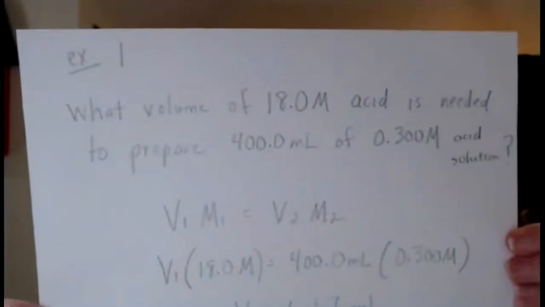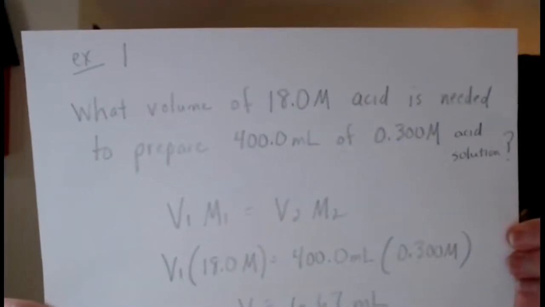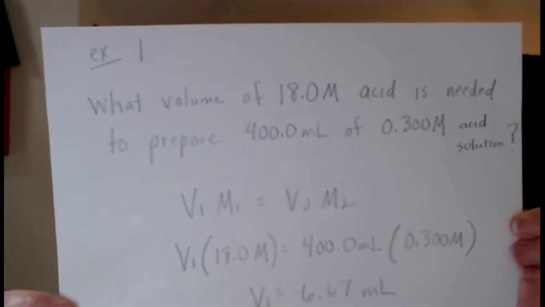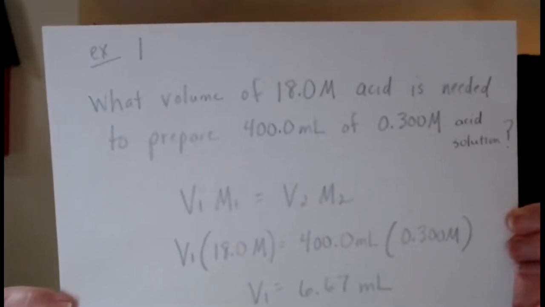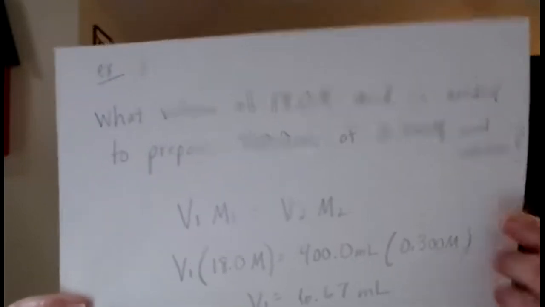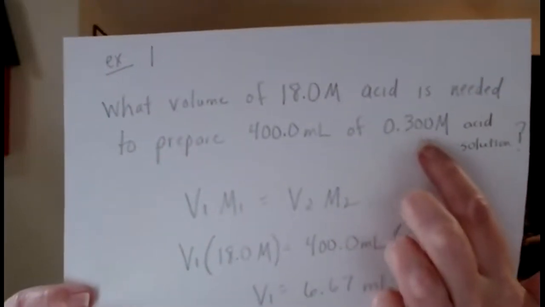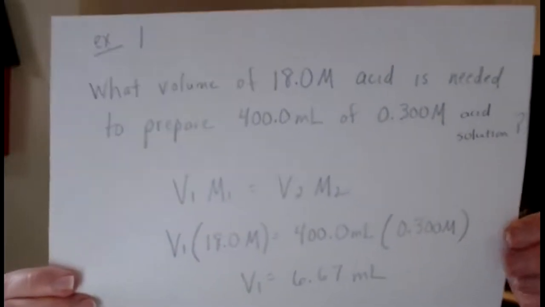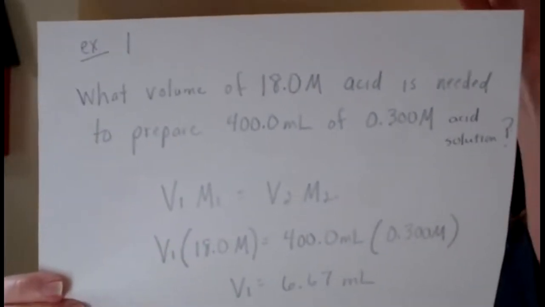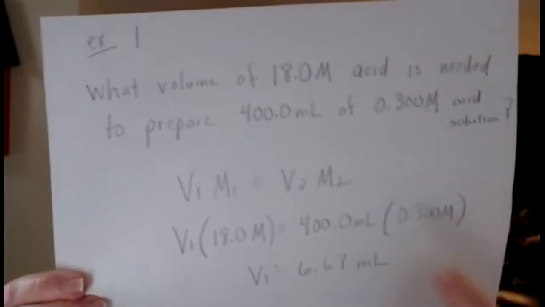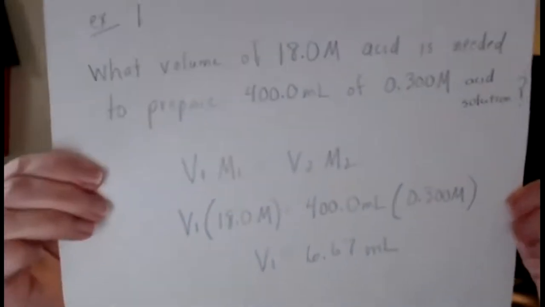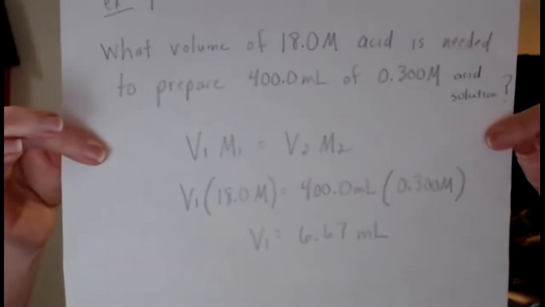This one says, what volume of 18 molar acid is needed to prepare 400 milliliters of a much more dilute concentration, 0.300 molar. Of, in a word problem, means to multiply. So that's actually telling you the numbers that go together. So what I've done is I use my dilution formula.